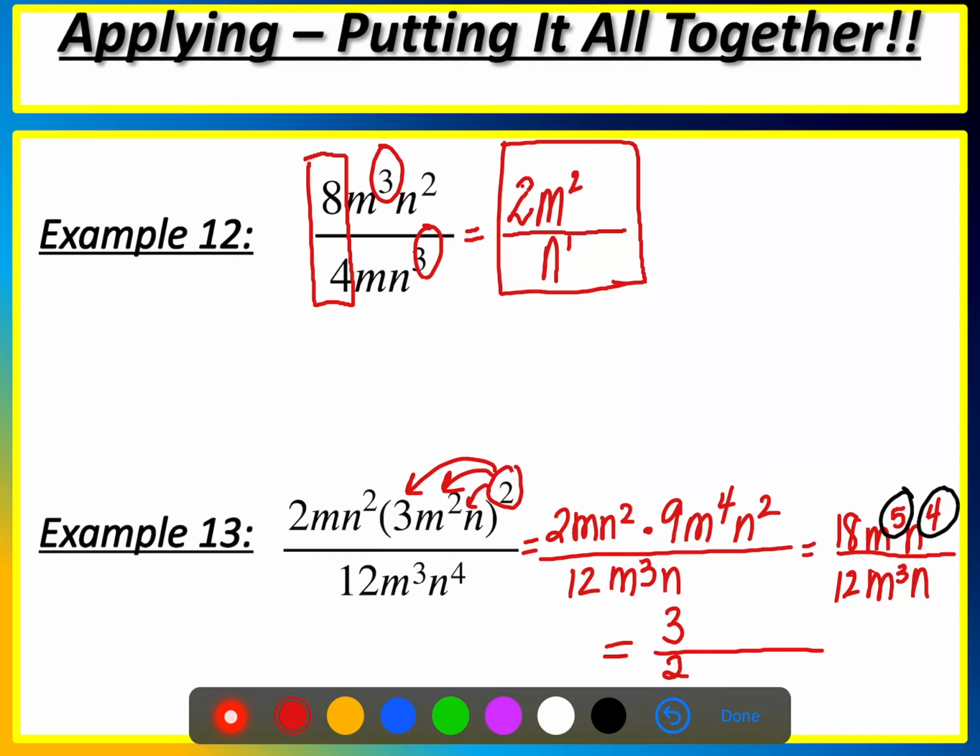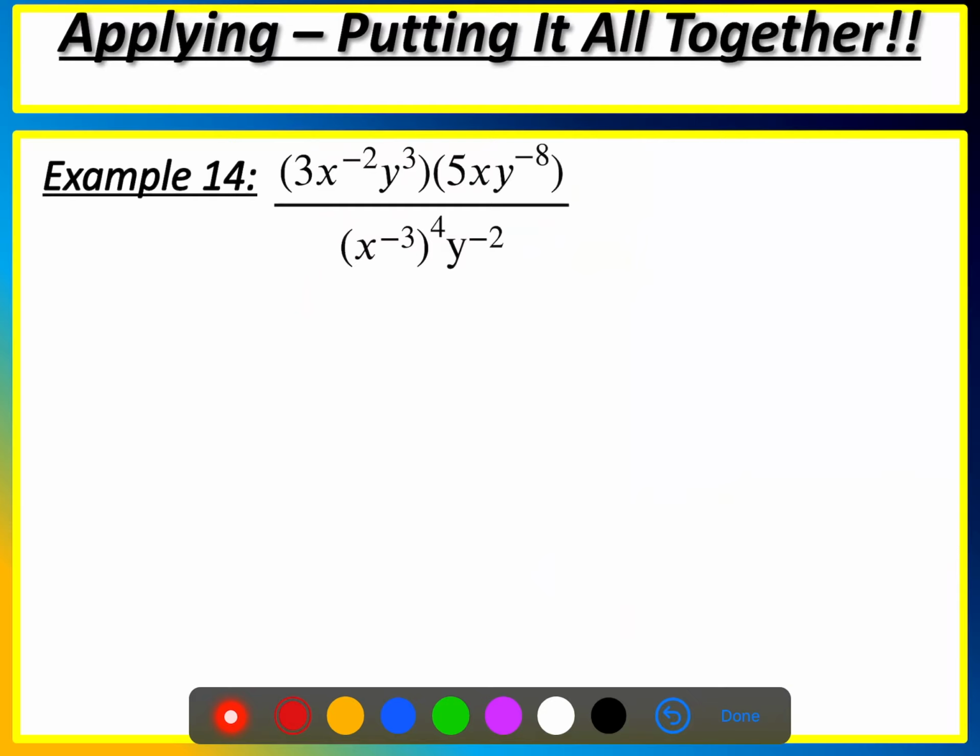So 5 minus 3 makes an m squared on the top, and 4 minus 1 makes an n cubed on top. Okay, so that's my final answer. So did you get the same thing? If not, you want to make sure you correct your work and write down some questions next to this example. Okay, let's do one more.